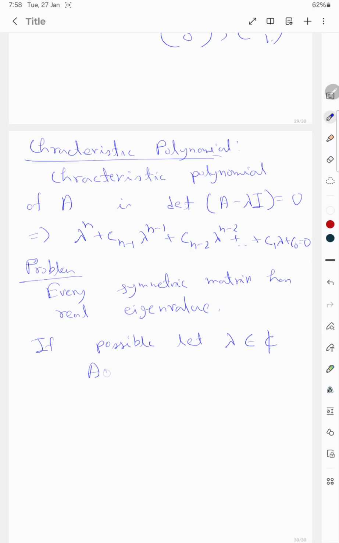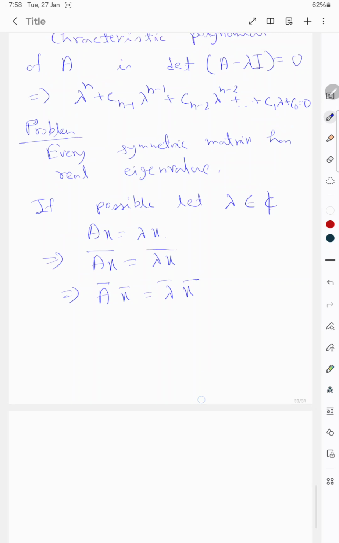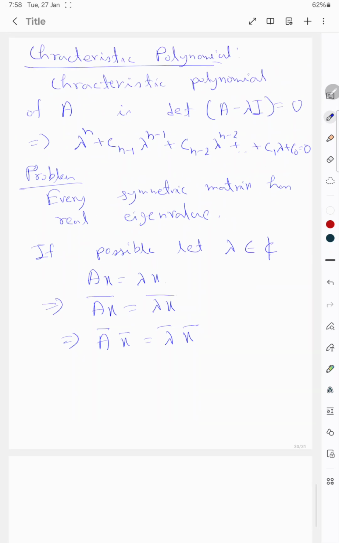So you have Ax equal to lambda x, right? If you take the conjugate of both sides, you have A x conjugate equal to lambda conjugate x conjugate. Now, whenever you have A bar, the conjugate, but A is a real matrix, so this thing you can write as A x bar.